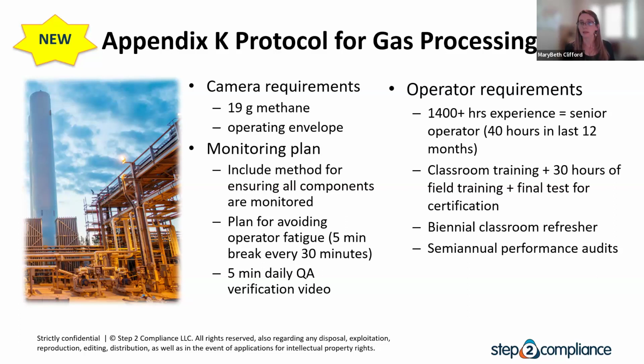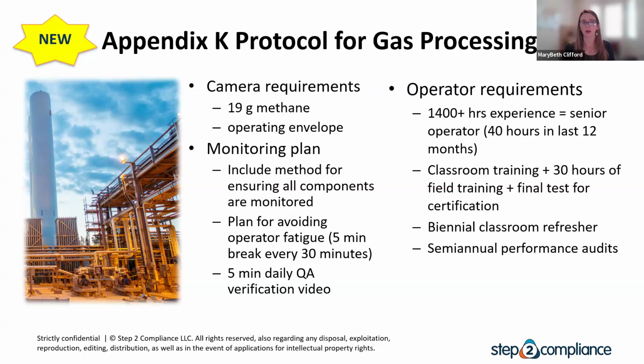But correct me if I'm wrong. Even if you use OGI at a gas plant and follow Appendix K, you're still obliged to do an annual method 21, correct? Or you can do exclusive OGI. You can do exclusive OGI. It's a bi-monthly frequency to do OGI only.